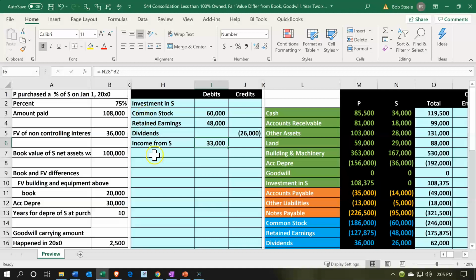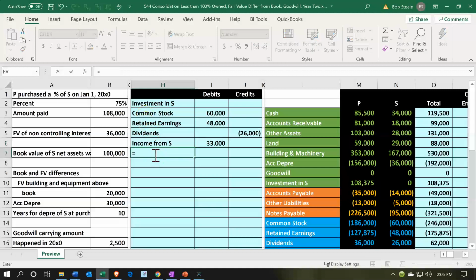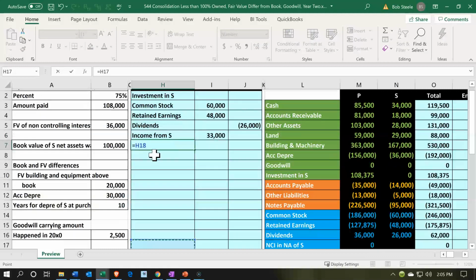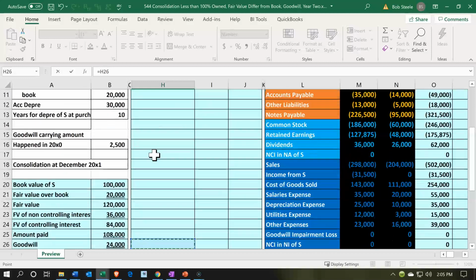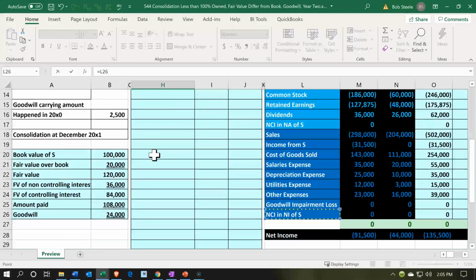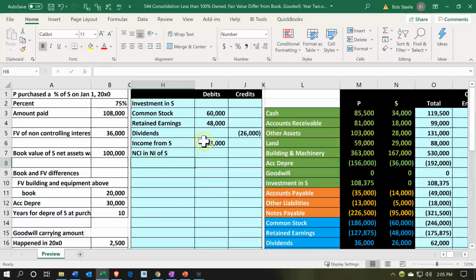Now we've got to think of the other side, the non-controlling interest, the 25%. So now I've got to pick up the 25%. So I'm going to pick up the non-controlling interest on the income statement, which is generally pretty straightforward because we picked up 75% here. So the other 25% is going to be the other side, right?